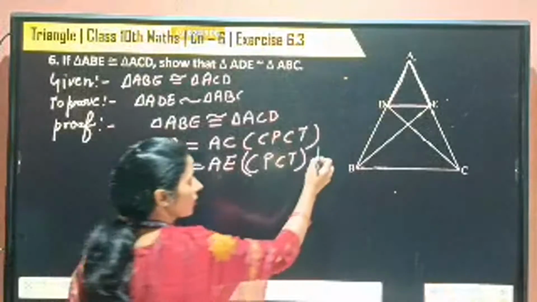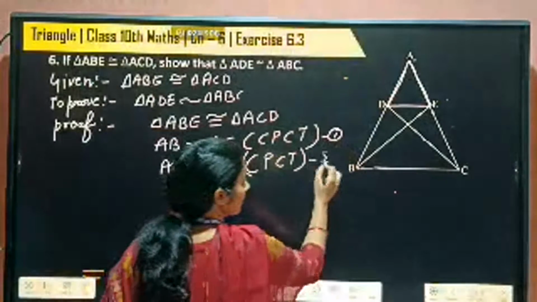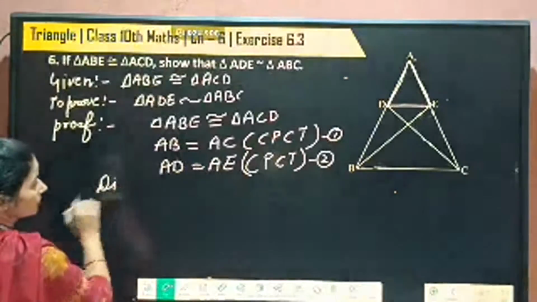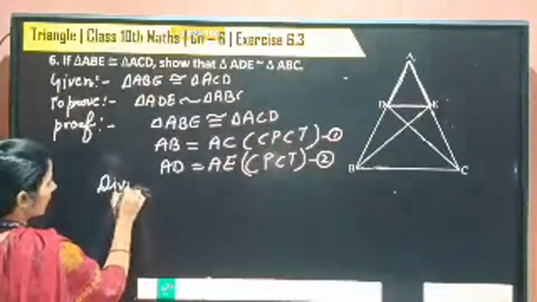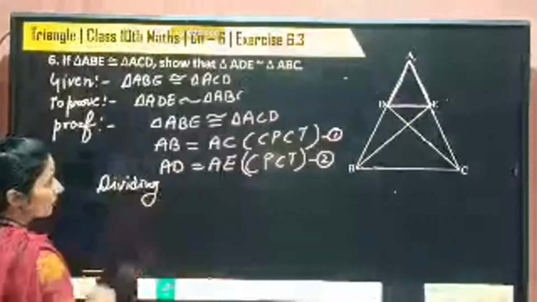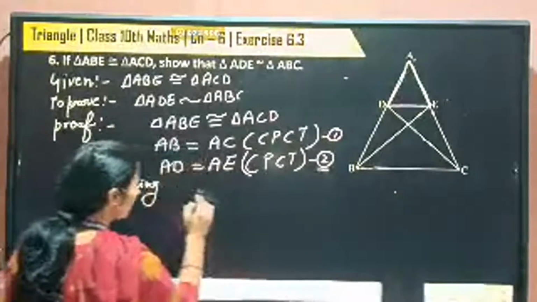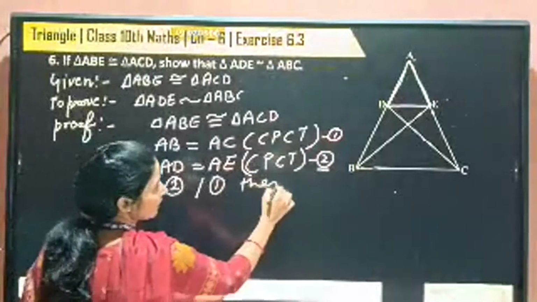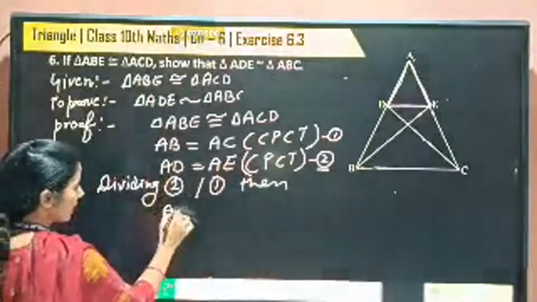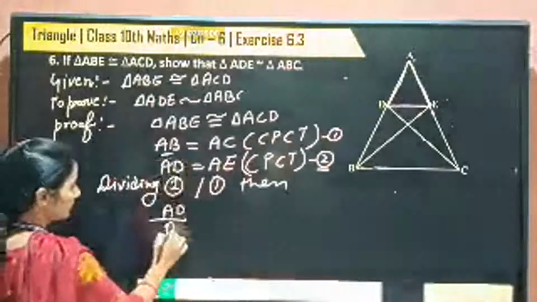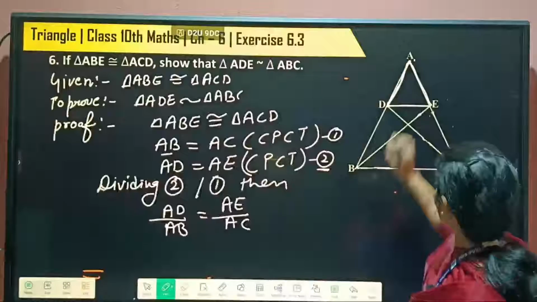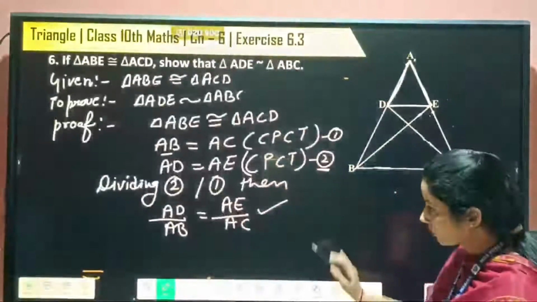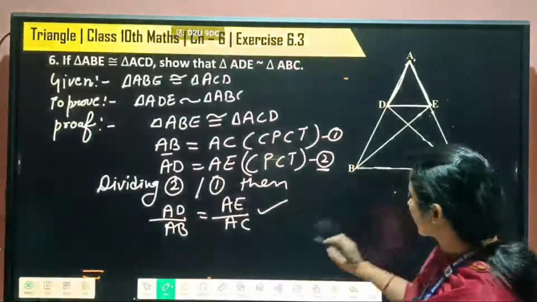Now, say equation number 1 and equation number 2, dividing 2 by 1. Then what will I get? AD by AB equals AE by AC. Corresponding sides are in the same ratio.